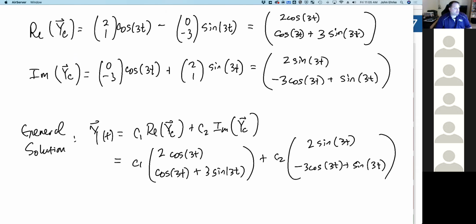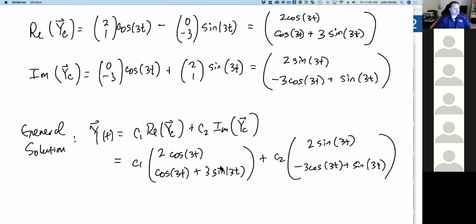All right. And you can clearly see there's no exponential term here. It's missing. I mean, it's there, but it's just e to the 0t because we had no real part for our eigenvalue. So there's nothing that will change the length of these vectors over time.